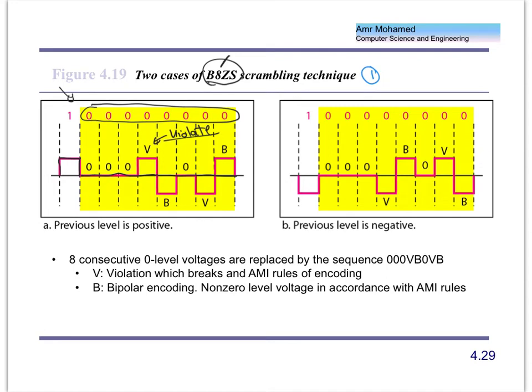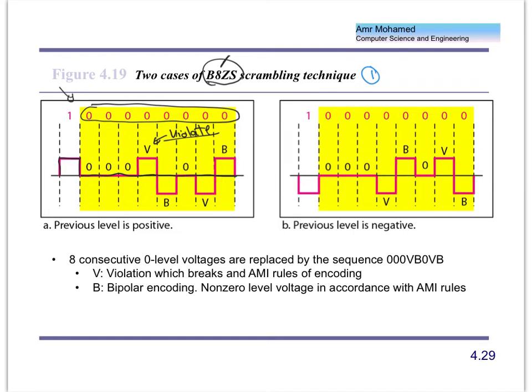What is the normal logic for AMI if this bit is 1? The normal logic for AMI is that this voltage will have to be negative. So this is a violate, which means that it intentionally violates the logic of AMI to tell the receiver to pay attention to the fact that this is not the normal logic for AMI, in which case this bit is not actually 0. This is scrambling.